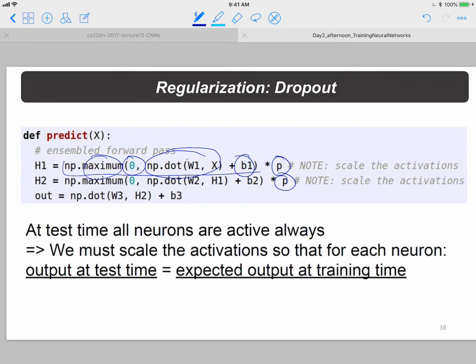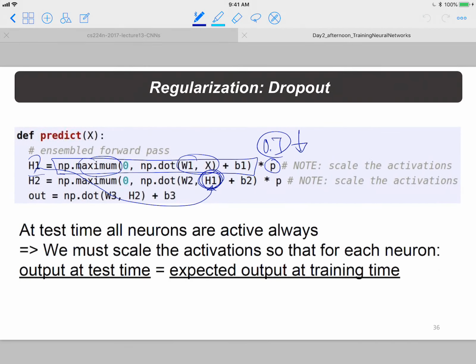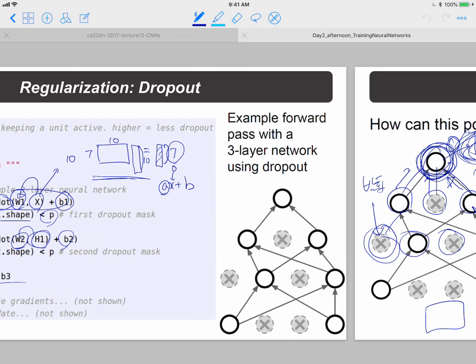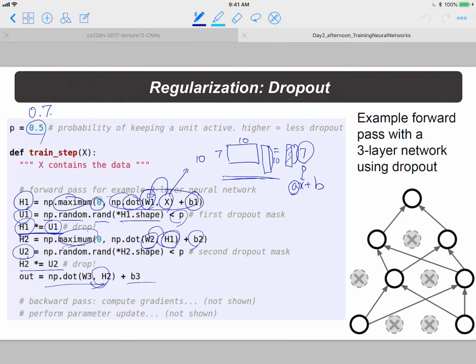But I thought of multiplying by p at training time as well, instead of just at testing time. Does it make sense?